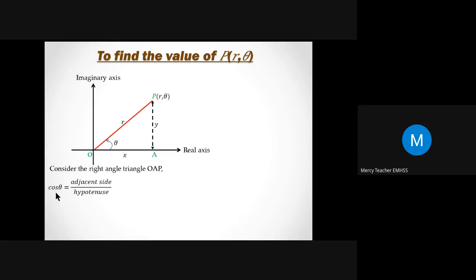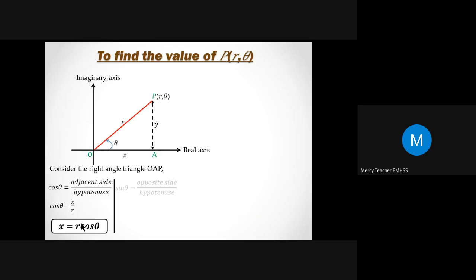So we are going to apply cos theta now. So cos theta is equal to what? Adjacent side divided by hypotenuse. So this is the formula for cos theta. What is the adjacent side? Adjacent side is x, hypotenuse is r. So from this equation, you can calculate x is equal to r cos theta.